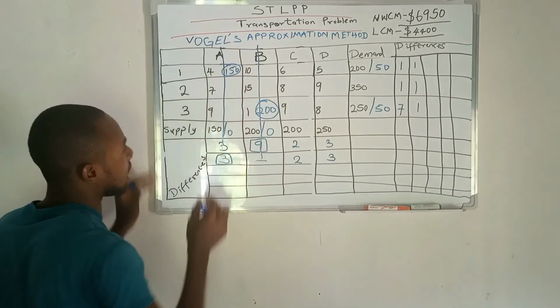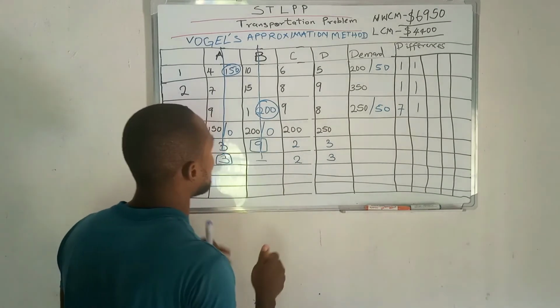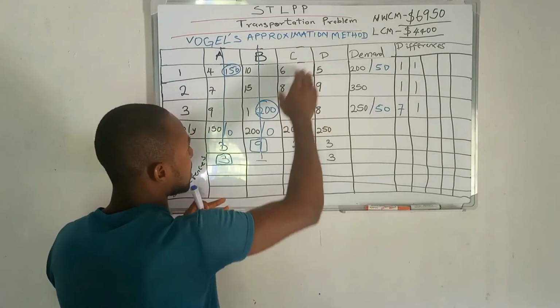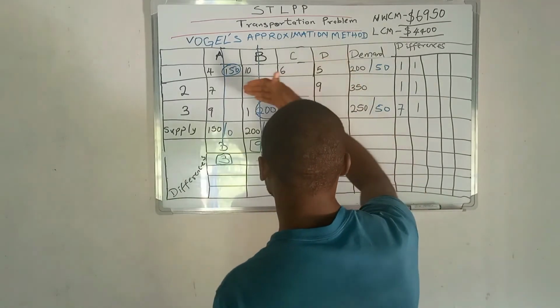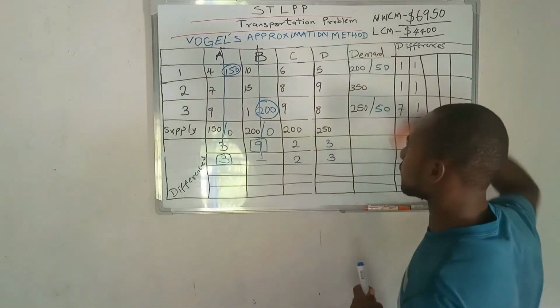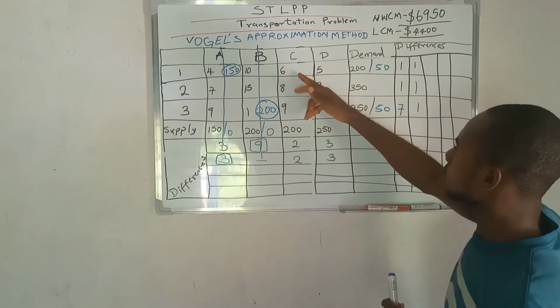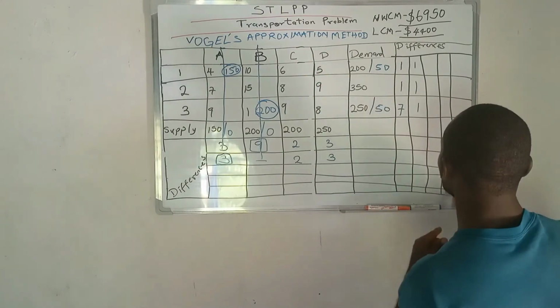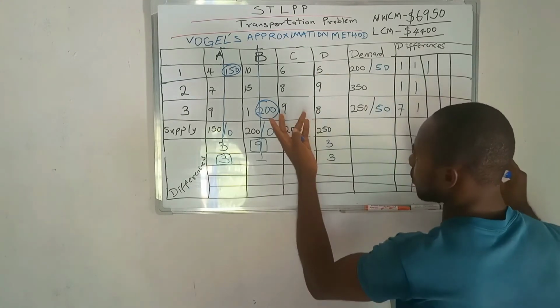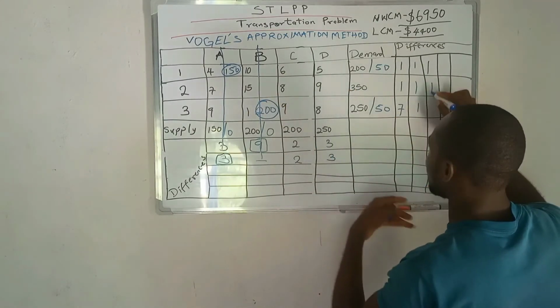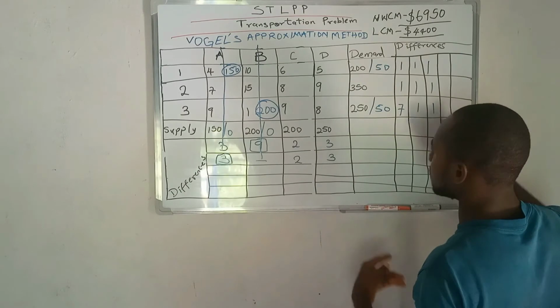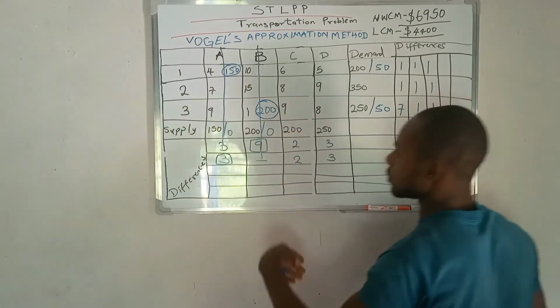So rule this out, and then we still have only C and D remaining. So we calculate our differences again. So the third difference will be this minus this, which is 1, because there are only 2 costs remaining in this row again. So I have 1 here, this minus this is 1, and then we do the same thing for the columns.